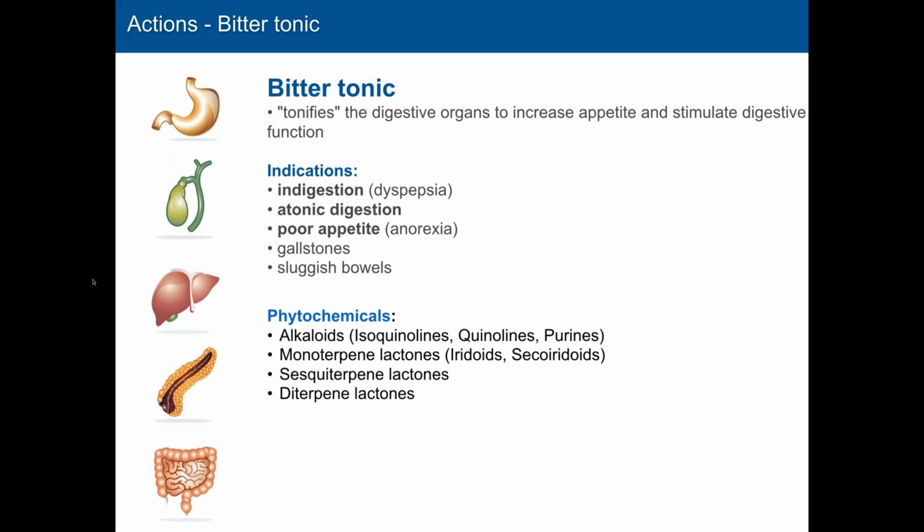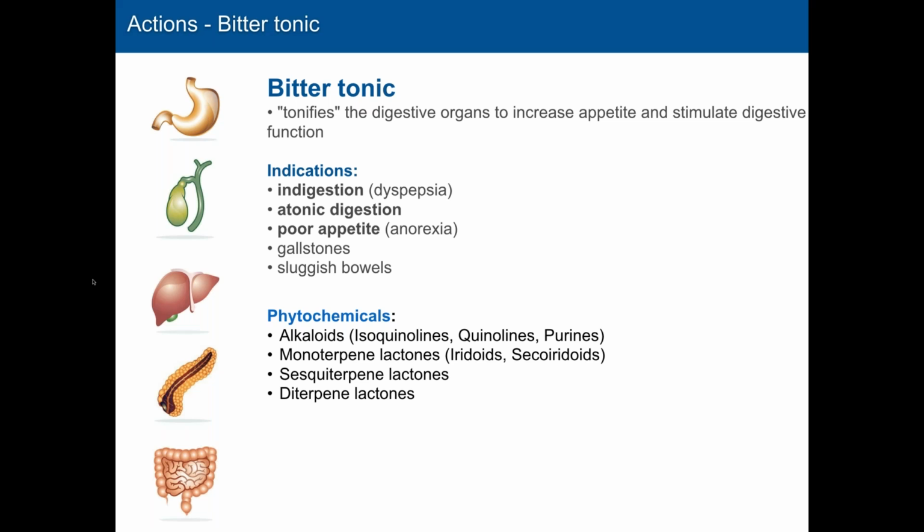Sesquiterpene lactones are found in a lot of the members of the Asteraceae family, and that's one of the largest family of plants, and that contains your classic daisy-like flowers, but also a lot of the thistles. So compounds that are found in, for example, artichoke would contain sesquiterpene lactones. Also, chicory and dandelion leaves and roots often, and even garden lettuce will contain these sesquiterpene lactones.